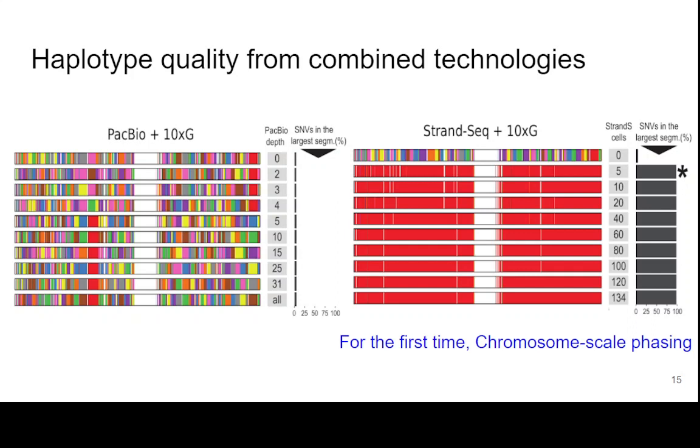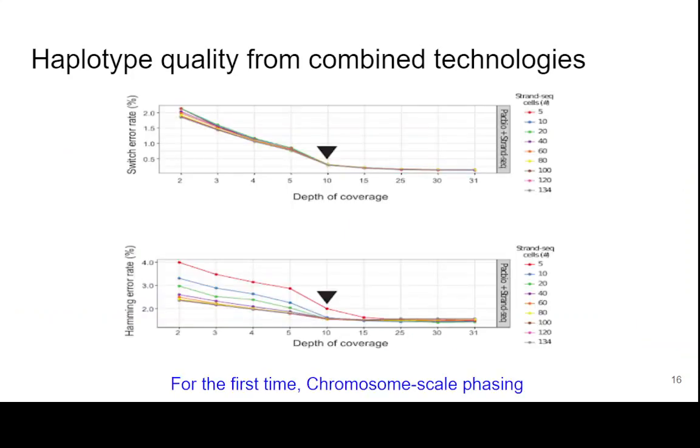But when we combine Strand-seq with 10X, we for the first time produce this chromosome-length phasing. But there are the centromeres that we cannot phase. We also looked into the phasing quality by comparing against the ground truth that is produced by the Genome in a Bottle consortium, because they use the trio information to produce these haplotypes.